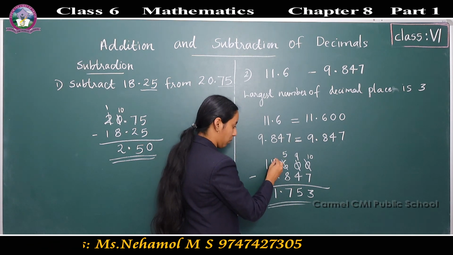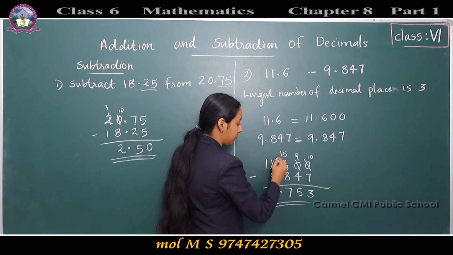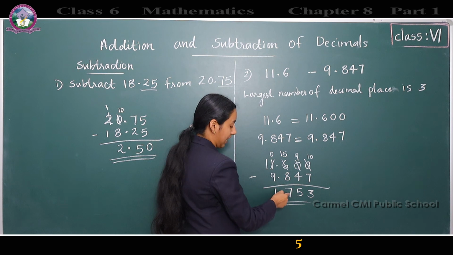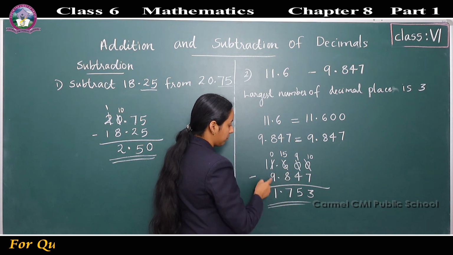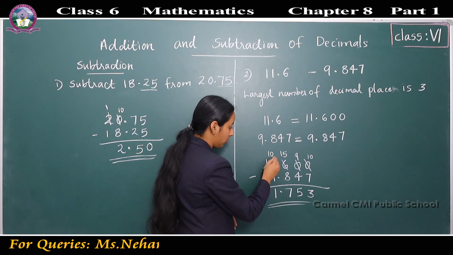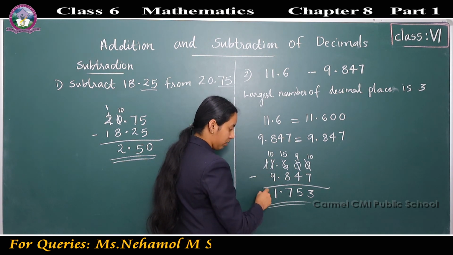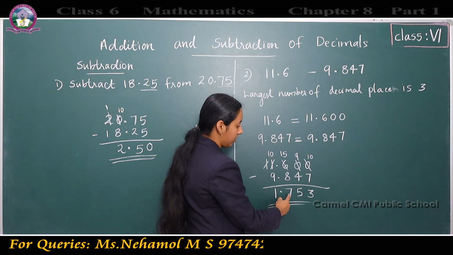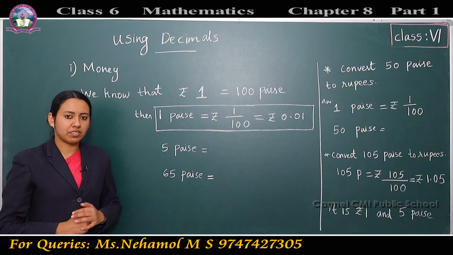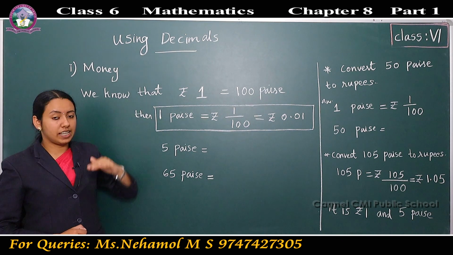Again we have to take a borrow. Then 5 becomes 15 and this 1 becomes 0. 15 minus 8 is 7. Then 0 minus 9 not possible. Again we have to take a borrow. 10 minus 9 is 1. 1.753 is the answer.